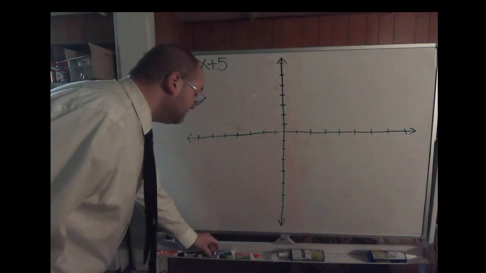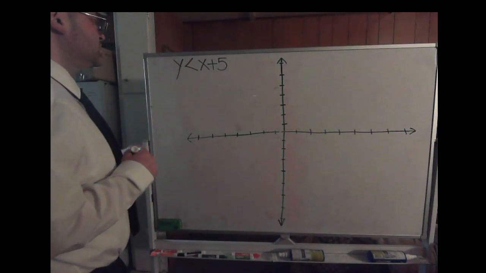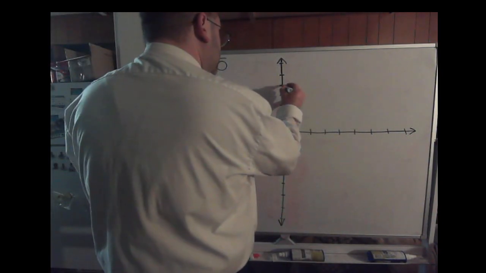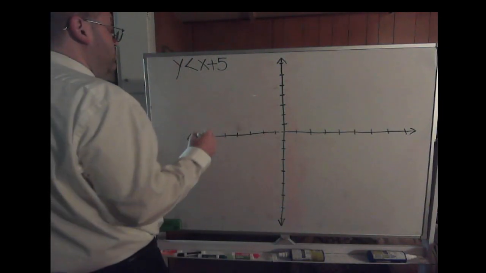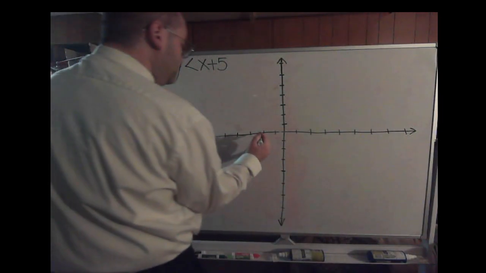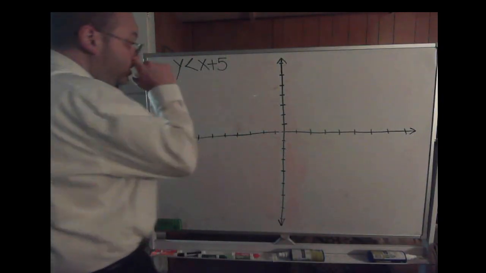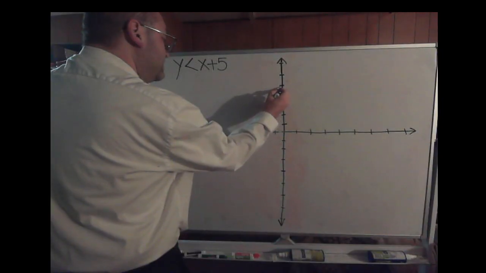We're going to draw a line through y equals x plus 5. So when x is 0, y is 5. We'll still have a little point here. And then when y is 0, x equals -5. Now, we're going to connect these two, but we're only going to use a dotted line.